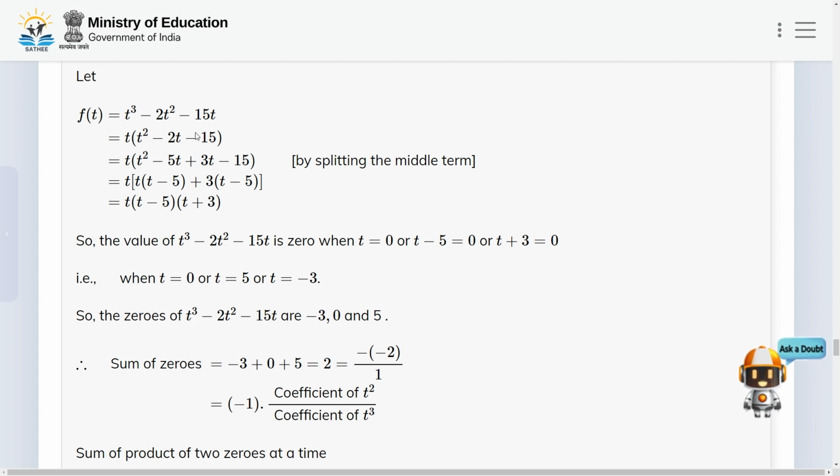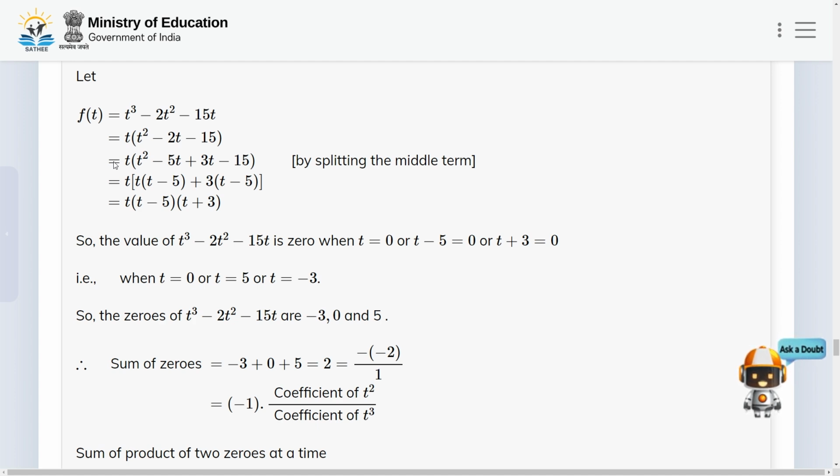Now we can split the middle term of this quadratic polynomial: t times (t² - 5t + 3t - 15), which is equal to t times [t(t - 5) + 3(t - 5)], and this is equal to t(t - 5)(t + 3).